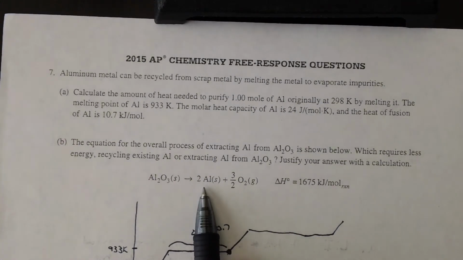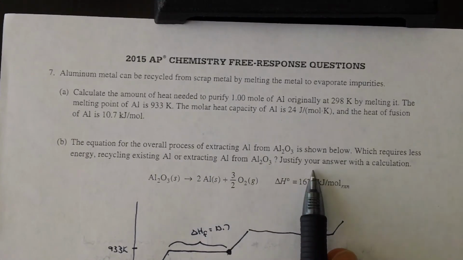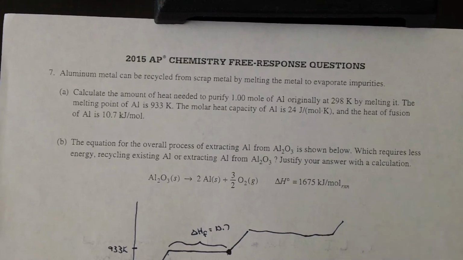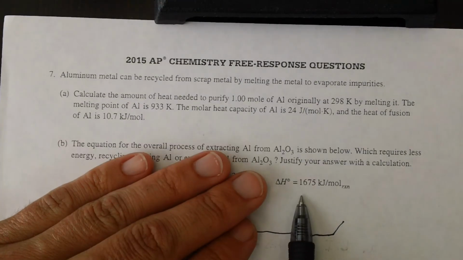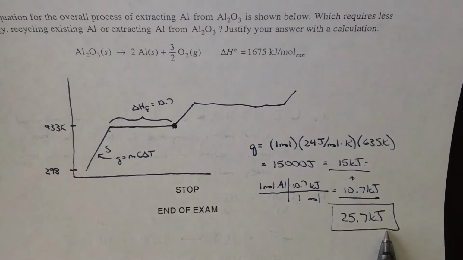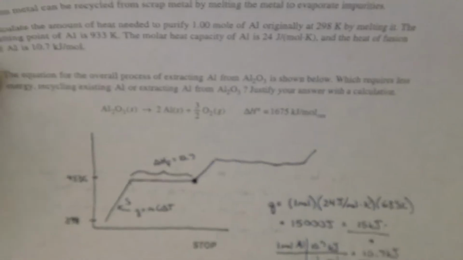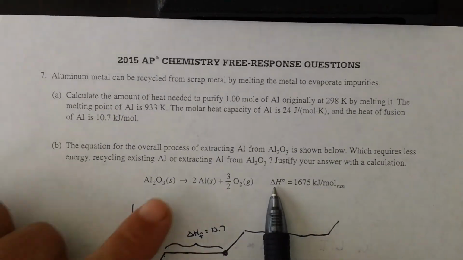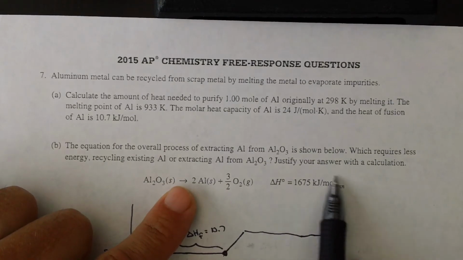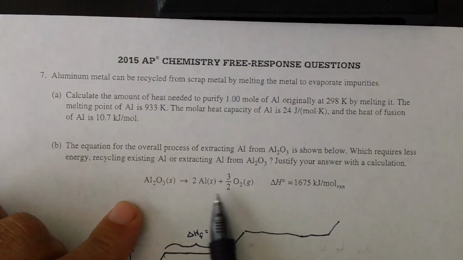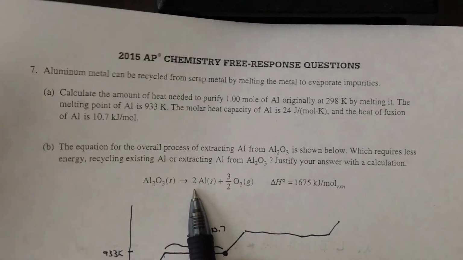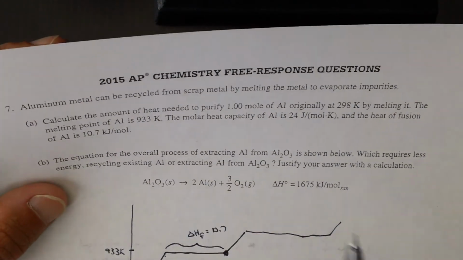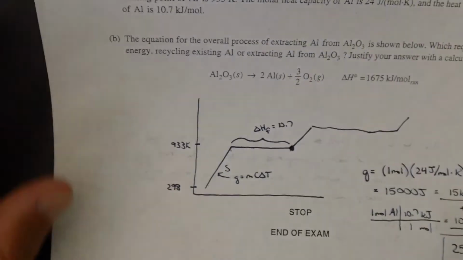The answer is 2. That's the trick, right? It says justify your answer with a calculation. You should be thinking to yourself, why do I need a calculation here? If that's my delta H, and I have my delta H for the recycling down here, I can just compare those. And so people are like, I don't know where the calculation comes from. The calculation part comes from the fact that that's for 1 mole of this reaction, which gives us 2 moles of aluminum.